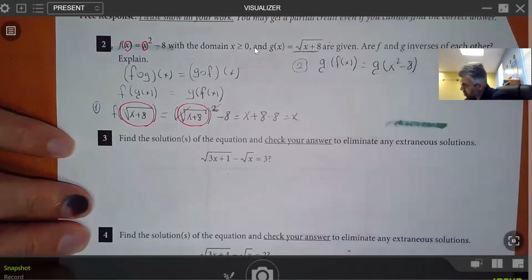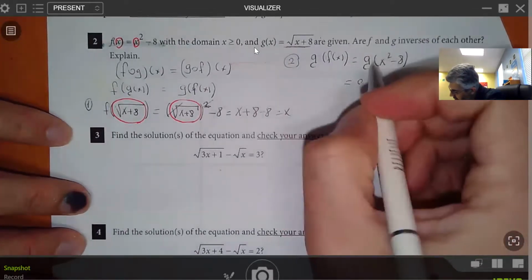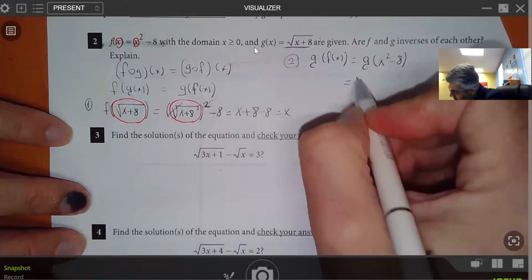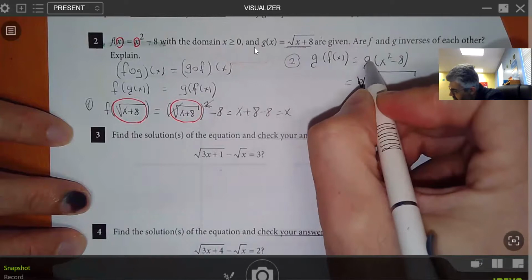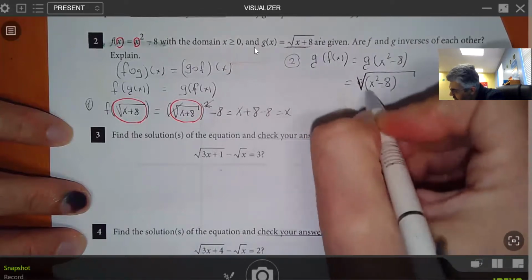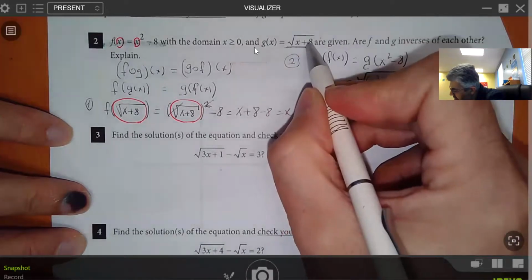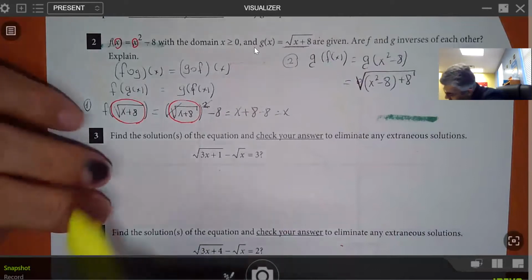So we have what, guys? Square root of the g function of what? I have g function of x squared minus 8 and then plus 8. So here what is important, I show it here.